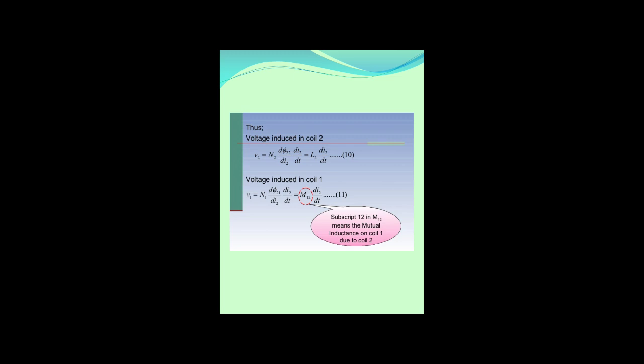The voltage induced in coil 1, that is v1, is equal to N1 d phi21 upon di2 dot di2 upon dt, that is equal to M12 di2 upon dt. The subscript 12 in M12 means the mutual inductance on coil 1 due to coil 2.